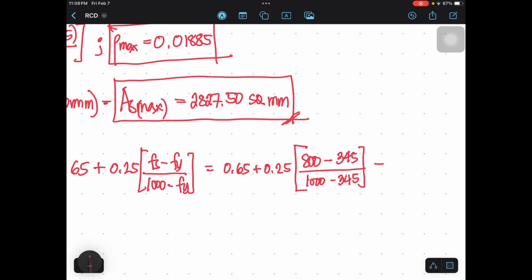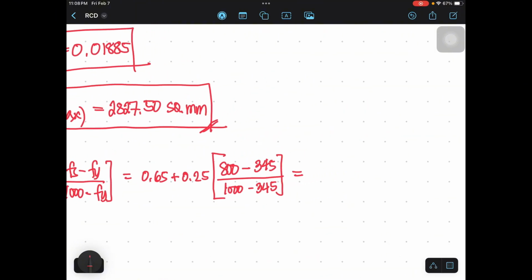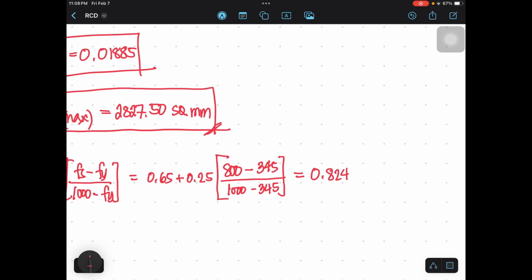Therefore, our reduction factor is equivalent to 0.824.